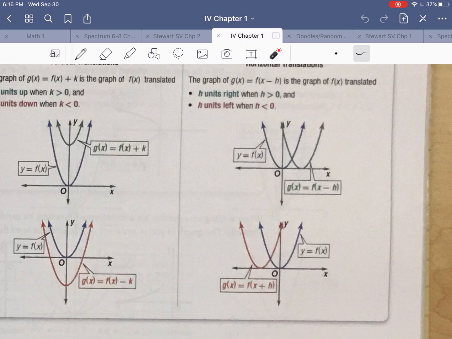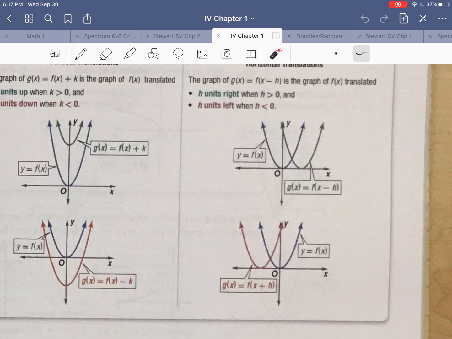I haven't really been able to come up with a great way of explaining this, but the way I've been able to explain it, which seems to make sense to people, is that when we subtract something from x right away, we are delaying our function, making it seem like it's coming later than it normally would as we read our graph from left to right.